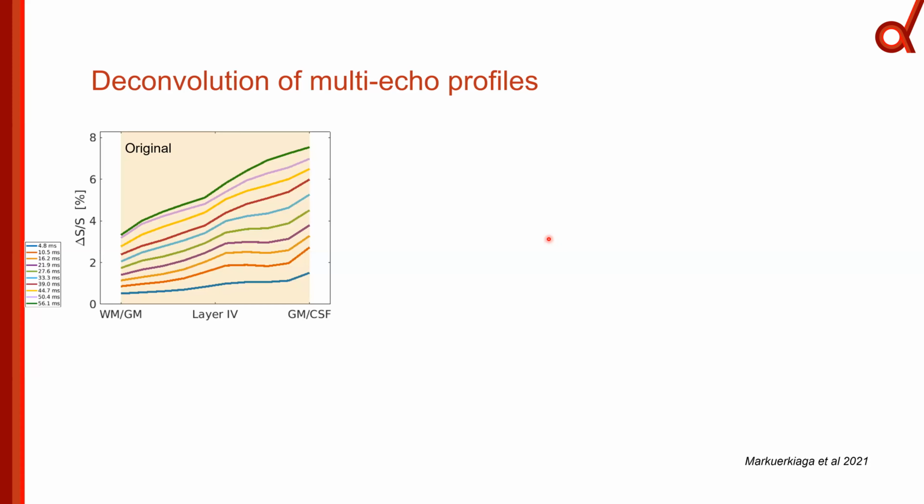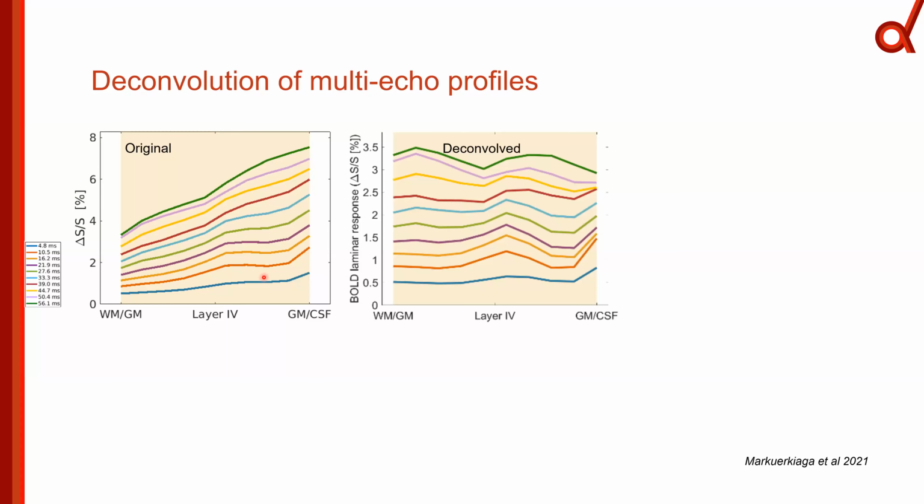So can we deconvolve these? Well, we had the multi-echo data, so you can see how you have a different profile going from white matter to CSF as a function of depth, but you know that the underlying activation was the same. So if you deconvolve, you should get something fairly similar, except of course the strength of the activation is different.